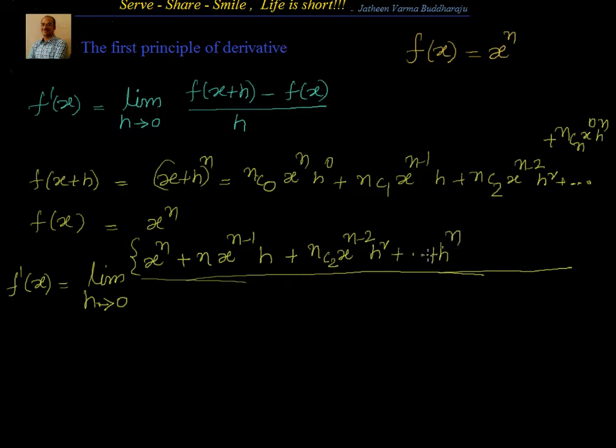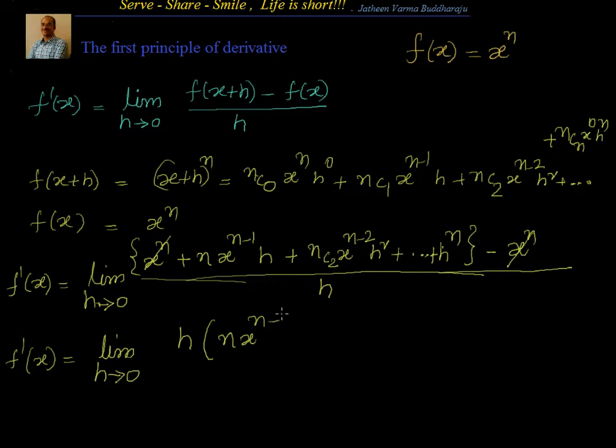So plus the last one is h to the power of n minus x to the power of n. So I can cancel x to the power of n. I am left out with the next step, f dash x equal to limit h tends to 0. I have to divide by h.